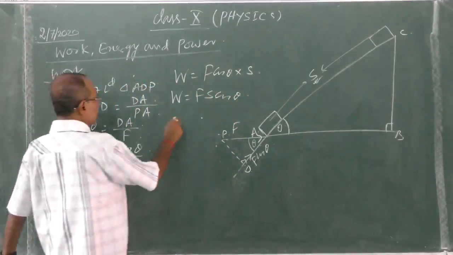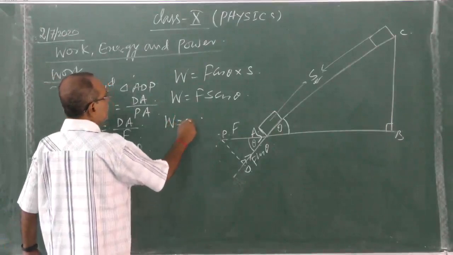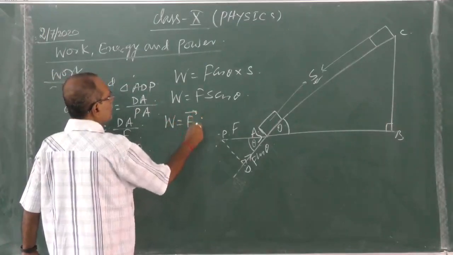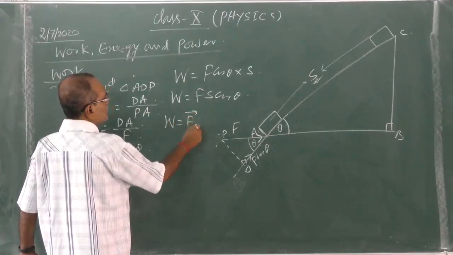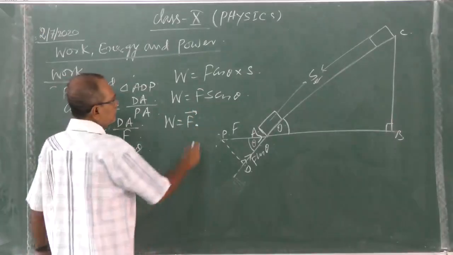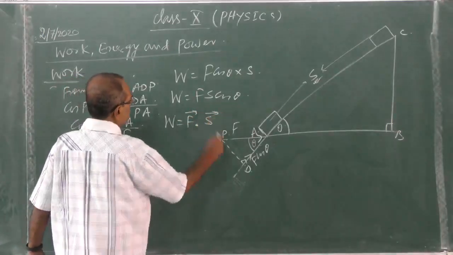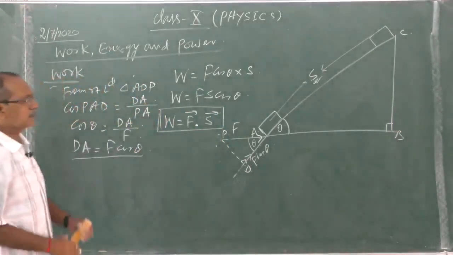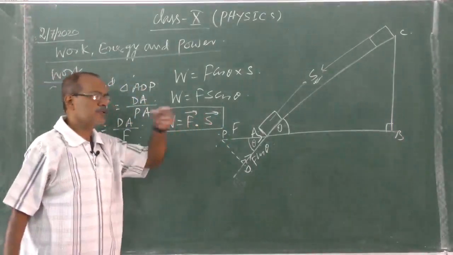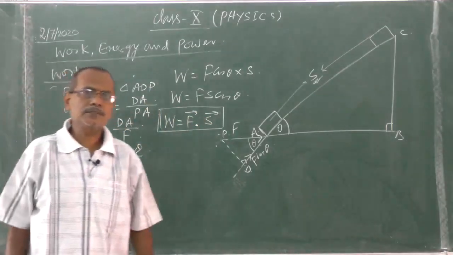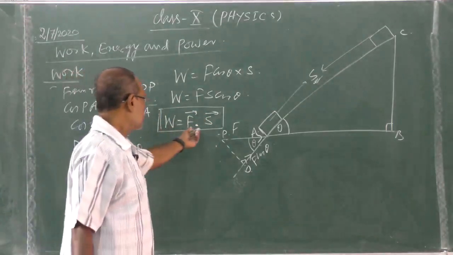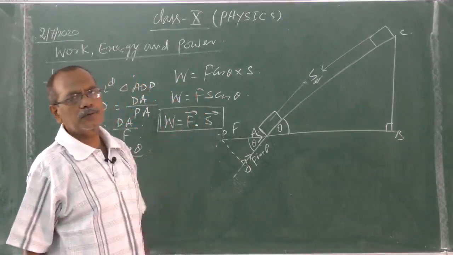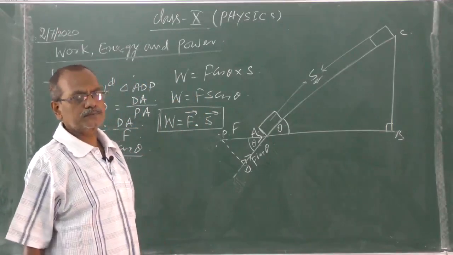This is also written in vector form, that is F vector dot S vector. This is a scalar product. The force and displacement are both taken in the same direction, so it is a dot product, and the product will give you a scalar quantity.